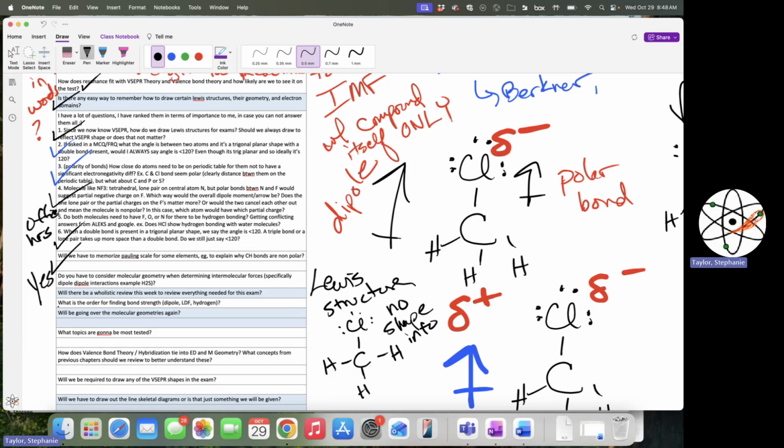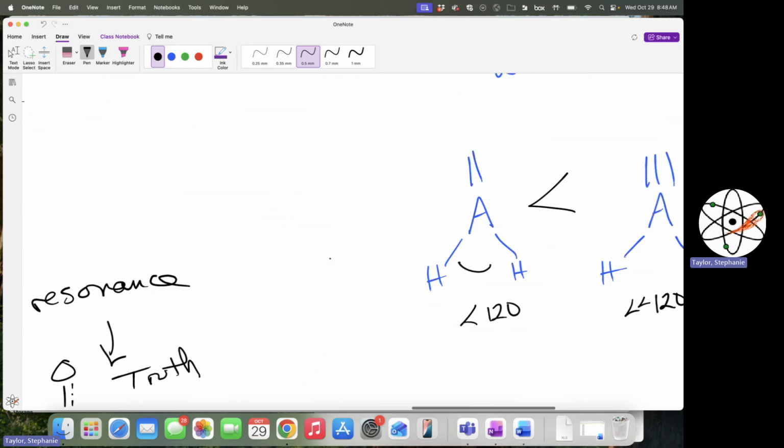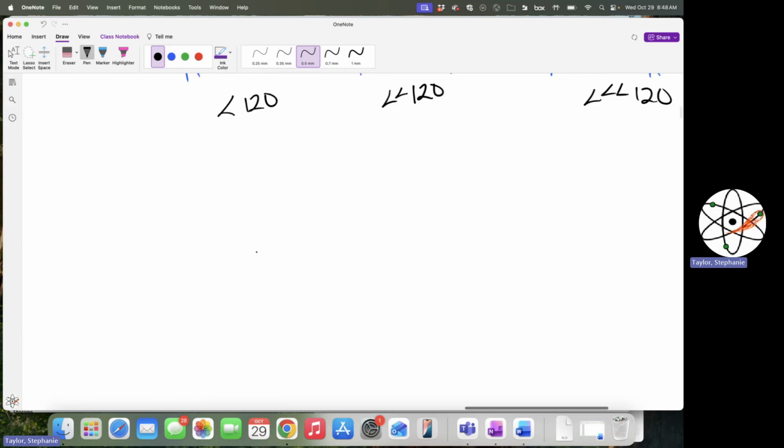Yes, you do need molecular geometry when determining intermolecular forces. And it gives a particular example, and it's a really good example of why the answer is yes. Good call. So this goes back to Lewis structures not giving you shape. So I'm going to go ahead and draw the molecule that was in the question. So here is the molecule.